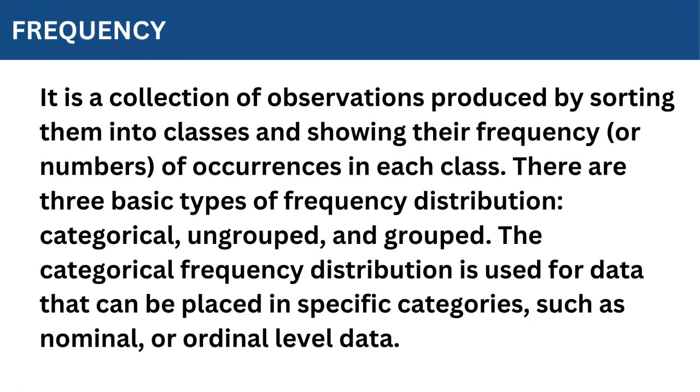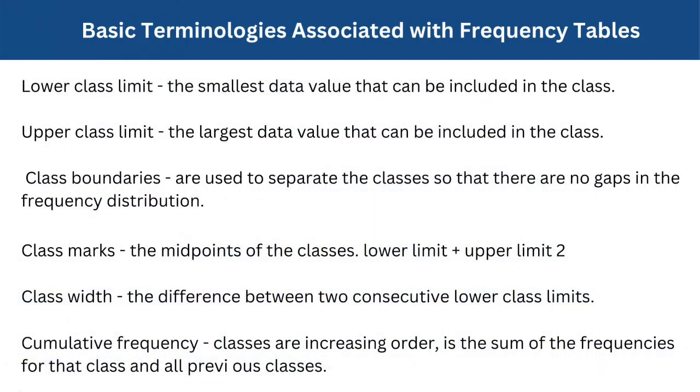First is the categorical, second is the ungrouped, and the last one is grouped. The categorical frequency distribution is used for data that can be placed in specific categories, such as nominal or ordinal level data.